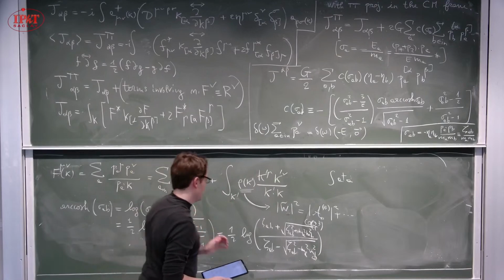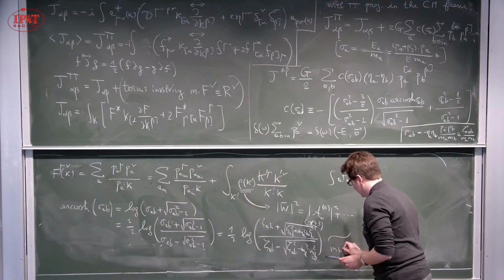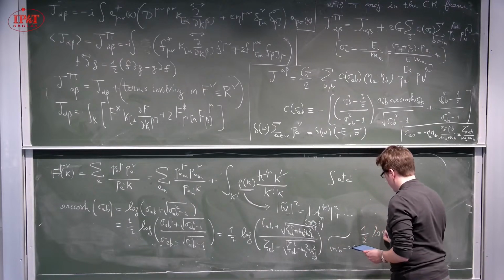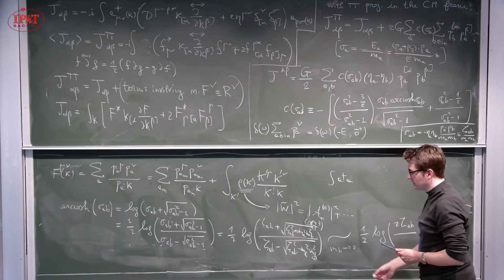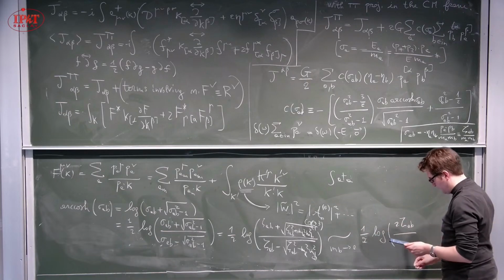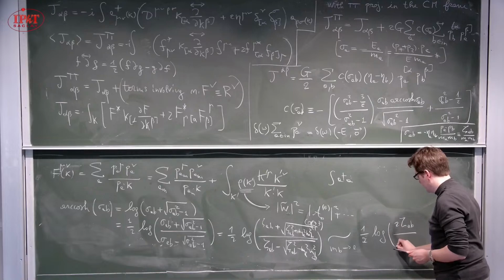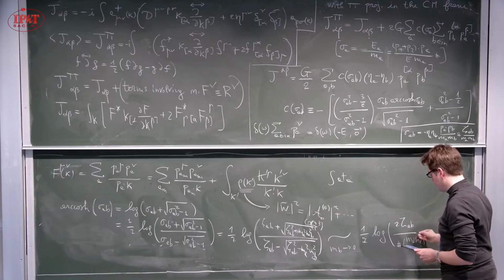Yeah, reasonably readable. So now you see what happens when you send, say, M_B to 0: in the numerator you simply get a factor of 2Z, and in the denominator you get 0, or in other words you have to expand, right? You will get 0 plus something that is suppressed by the mass squared and a factor of Z, I think.